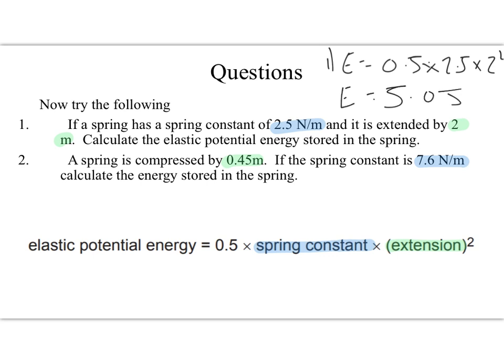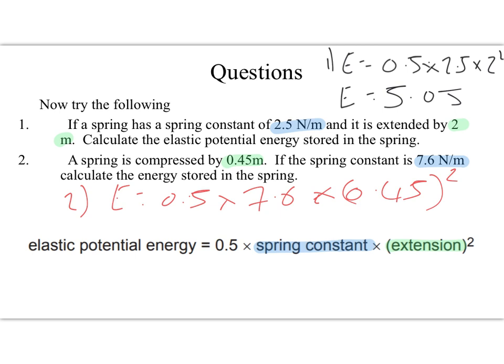Moving down to question 2, I'm just going to do that one here. You would again use the equation E is equal to, you've got the 0.5 multiplied by 7.6 multiplied by 0.45 squared.